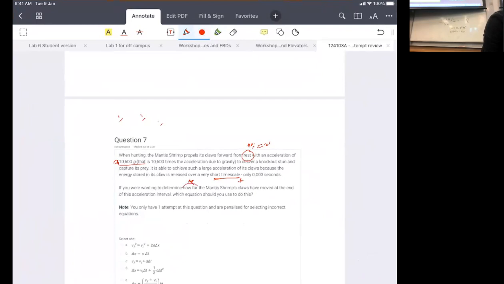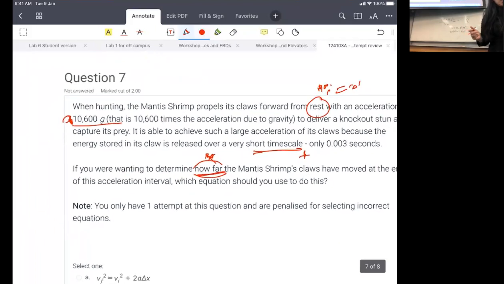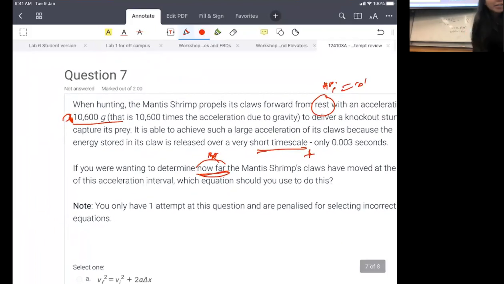How far? That means we want to find x. Which of the kinematic equations should we use in order to calculate x? That's why I try to pick out which information is given in the problem, because when we use kinematic equations, it's just figuring out what we know and which equation to use.